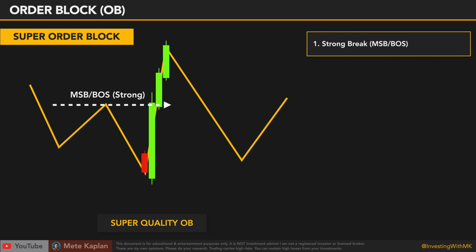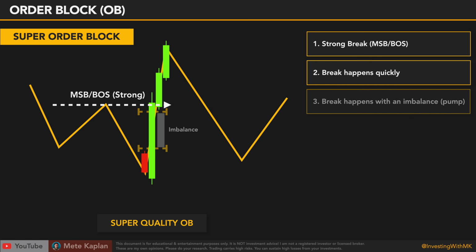The first simple approach is the powerful movement after the order block. If it creates a new break like MSB or BOS, it is an extremely powerful area for me. And if this happens with a couple of same colored candlesticks with a very quick movement, it is even better.